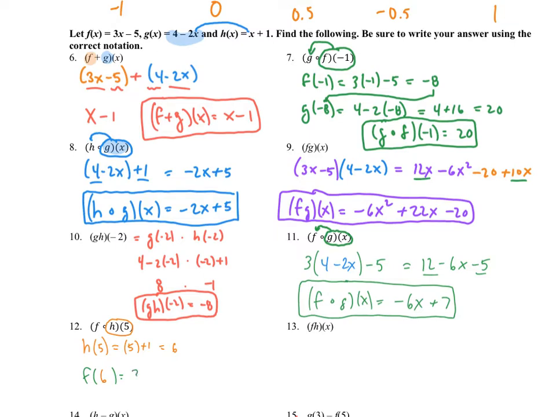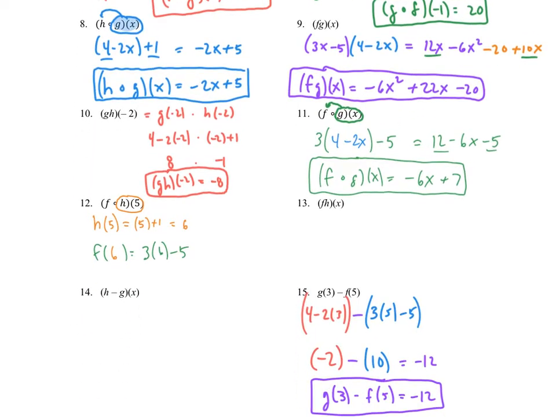So 3 times 6 minus 5. Let's go, 3 times 6 is 18, minus 5 is 13. So f of h of 5 is 13.